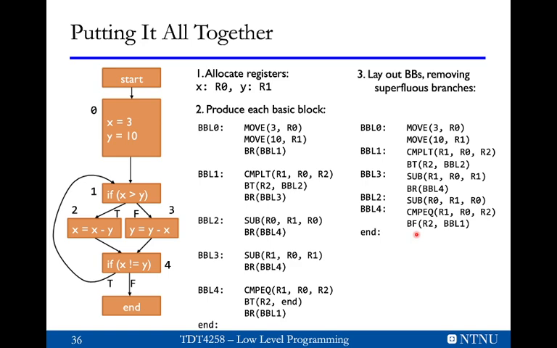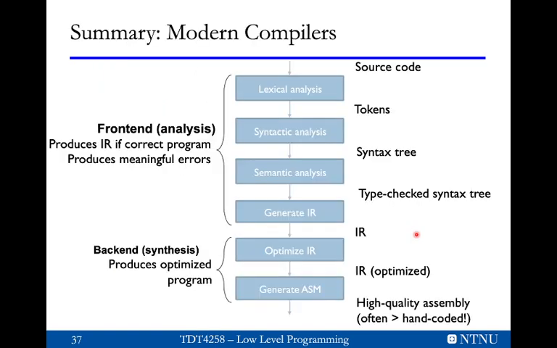So in summary, modern compilers consist of two major parts. We have our front end, which is machine independent, which does the analysis, which does checking of the correctness of our program, so syntactic and semantic correctness, and hopefully produces some meaningful error messages. And the output of our front end, if all goes well, is intermediate representation code, which is machine independent.